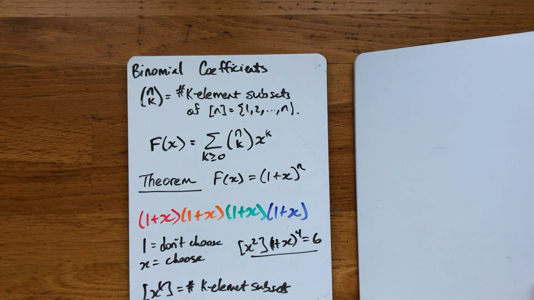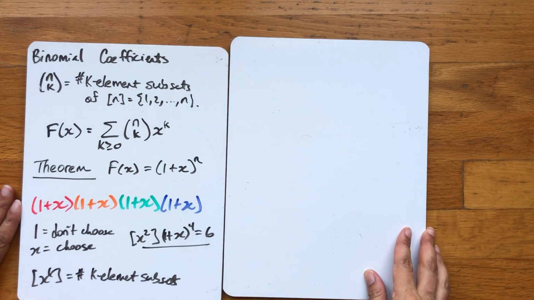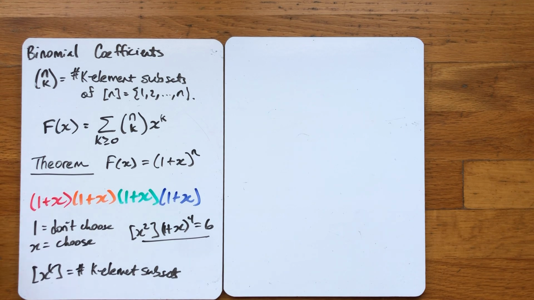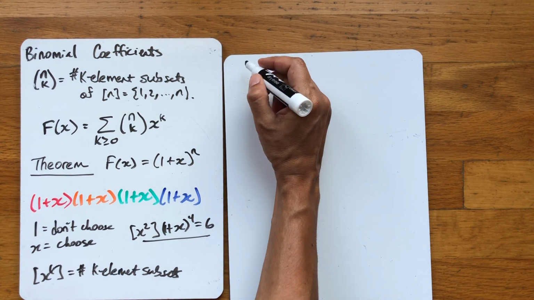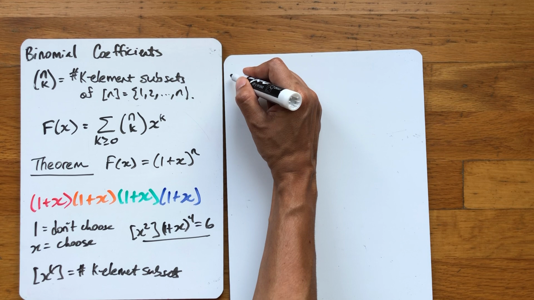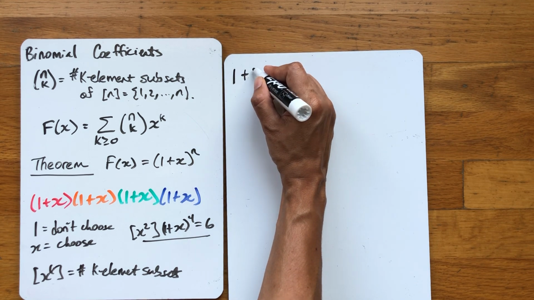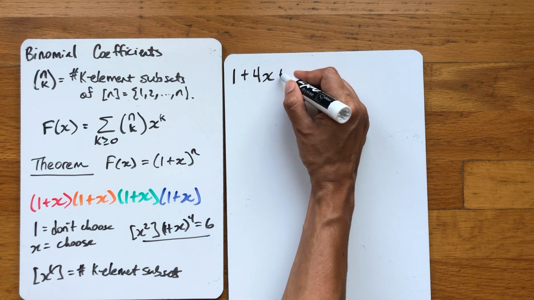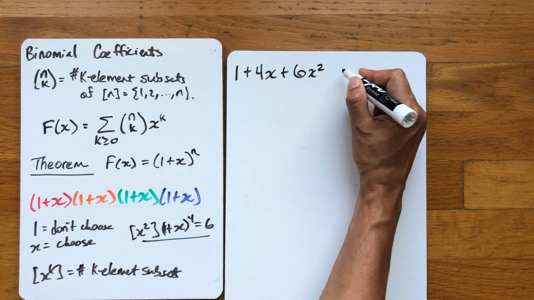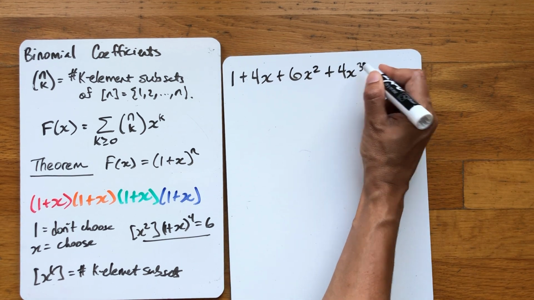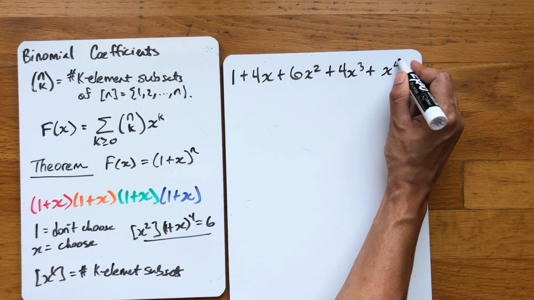So what are those coefficients? When we expand it out, we get 1 plus 4x plus 6x squared plus 4x cubed plus x to the 4th.